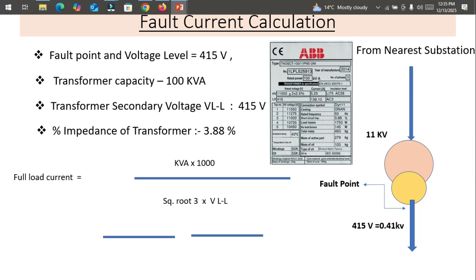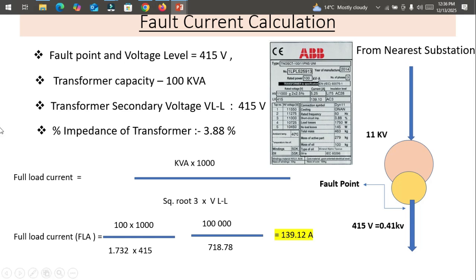Now let's put the values. 100 kVA into 1000 divided by 1.732, the value of square root 3, and into 415, the secondary voltage of the transformer which is at the fault point. Now if we calculate, it will become 139.12 ampere. So this is the full load current.